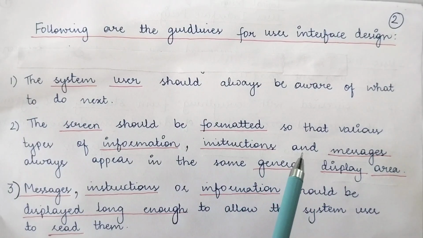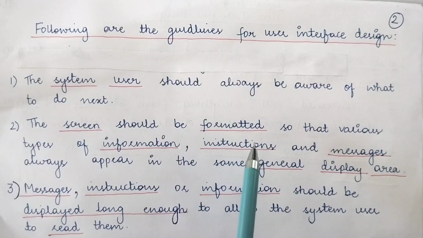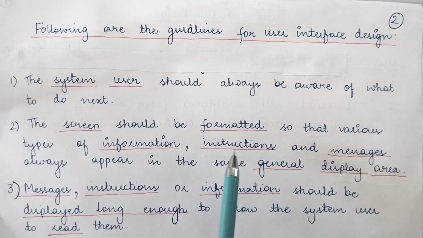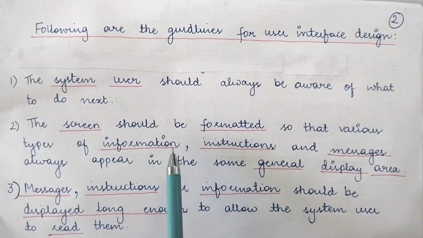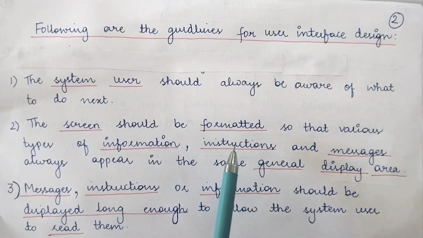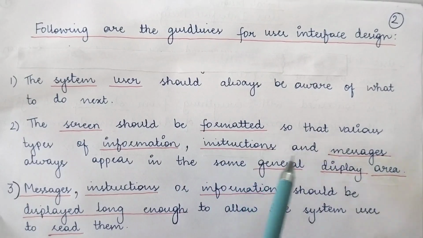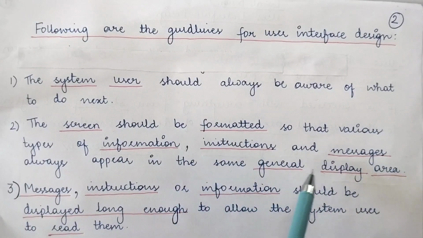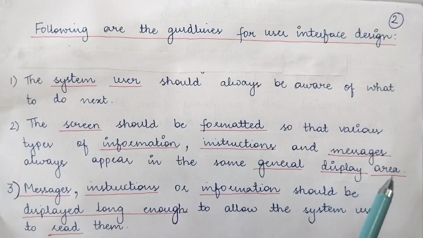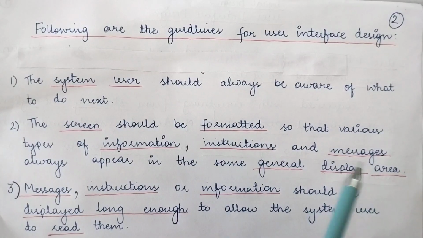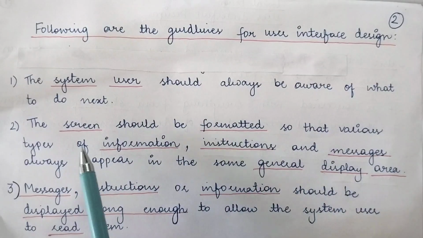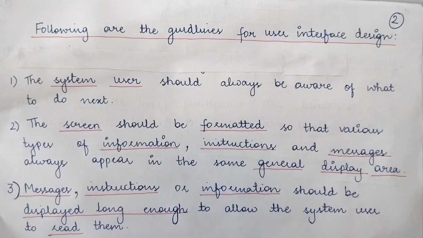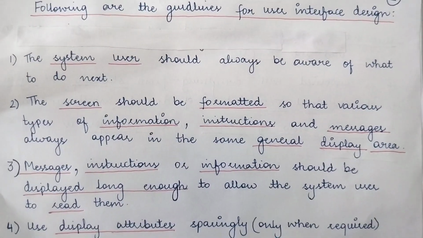So the formatting should be done in such a manner that whatever information, instructions or messages have to be displayed to the system user appear in the same general display area, so that the user looks at that particular area only when he is looking for some information, instructions or messages. This is how the screen should always be formatted.